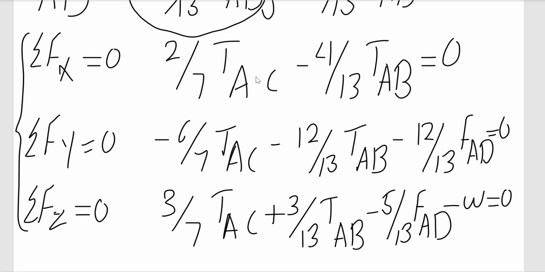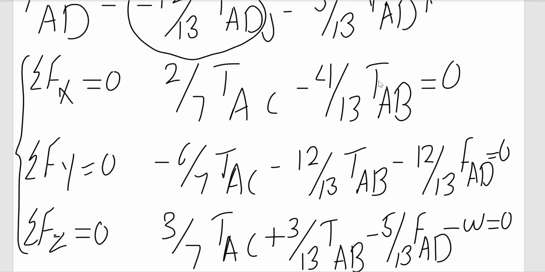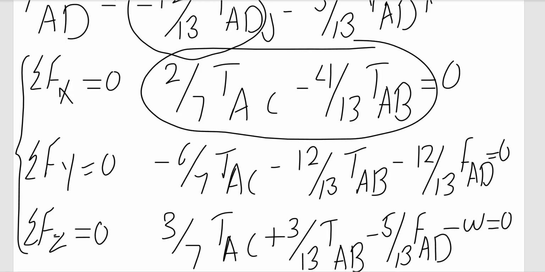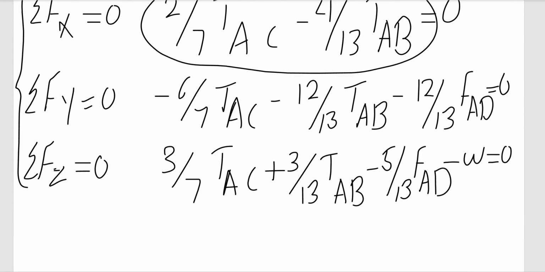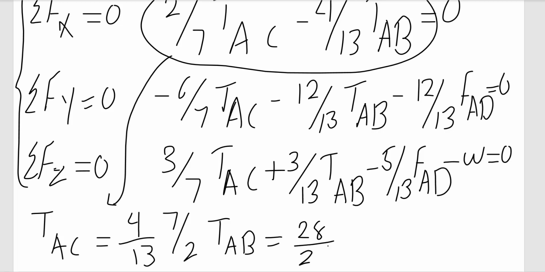Here, I could compare these two. So TAC, if I take this to the other side, would be equal to 7 over 2 times 4 over 13 TAB. If I want to take this equation here, TAC would be 4 over 13 times 7 over 2 TAB, which means 28 over 26 TAB.